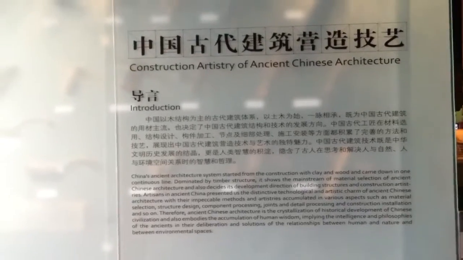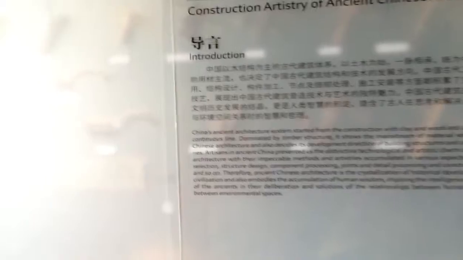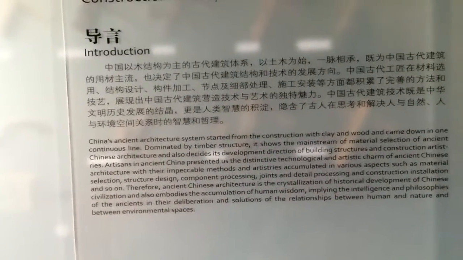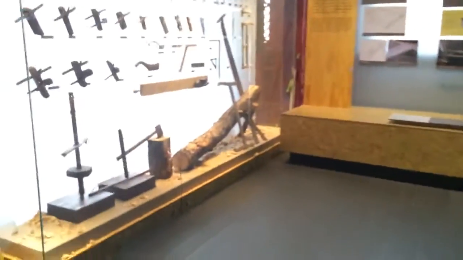I'm in the Museum of Ancient Architecture in a restored temple. And the translations don't really give you a whole lot of info. At least a lot of them point out the location and name of what you're looking at.